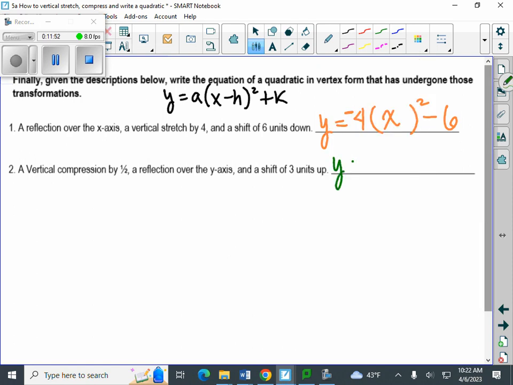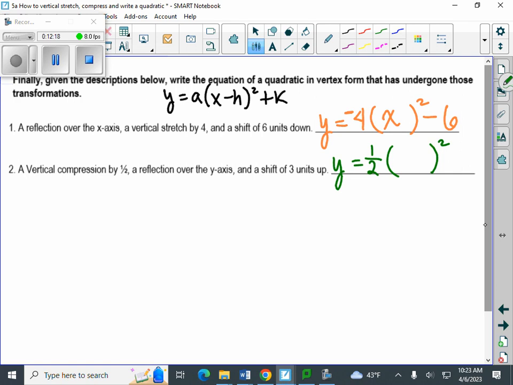Once again, y equals, leave a little bit of space, parentheses squared, and then we want to fill these in. So the chart at the end of your packet might be helpful when you're practicing these. Vertical compression, we just said it. Stretch or compression is outside of the parentheses. Vertical compression by 1/2.